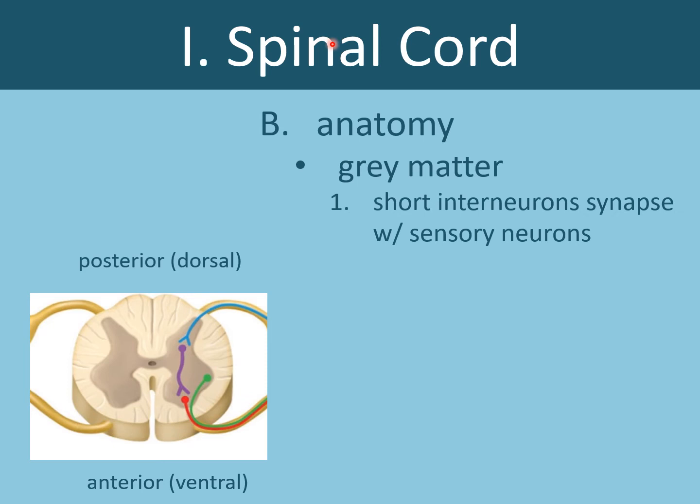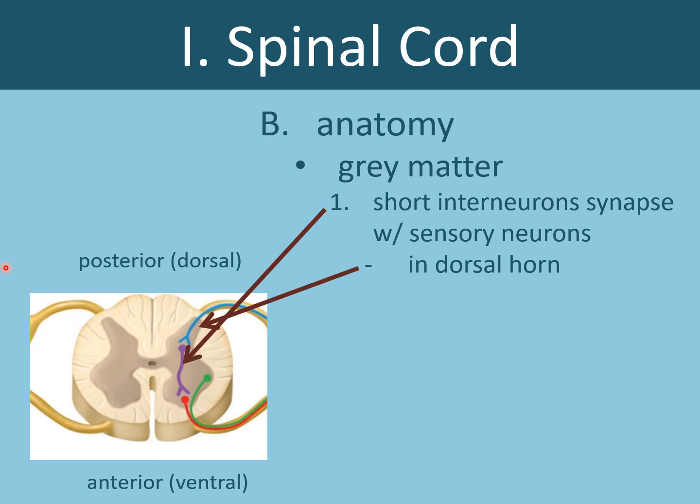The blue lines represent sensory neurons carrying information to the spinal cord. The purple line represents short interneurons that just relay information from one neuron to the next. You can see that these two neurons synapse in this region of the gray matter right here. This region is termed the dorsal horn.